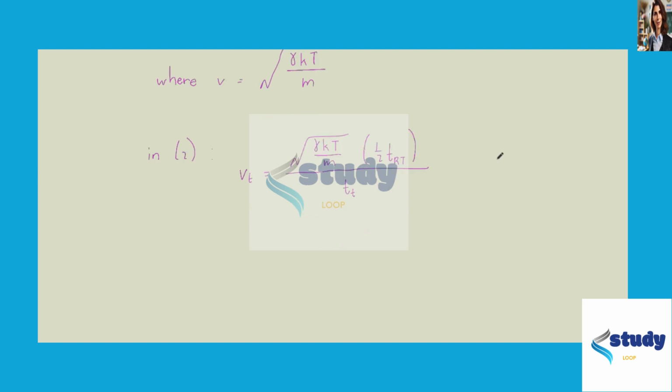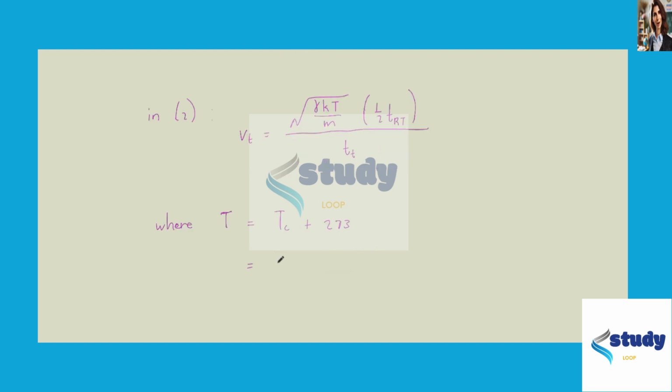So we have the temperature in Celsius, so T is equal to the Celsius temperature plus 273, which is 56 degrees Celsius plus 273, which gives us the temperature in Kelvin of 329.